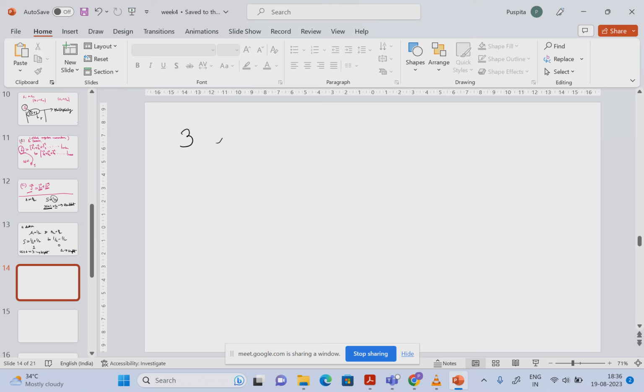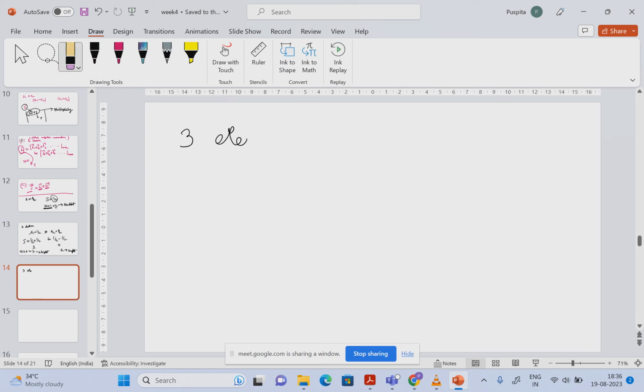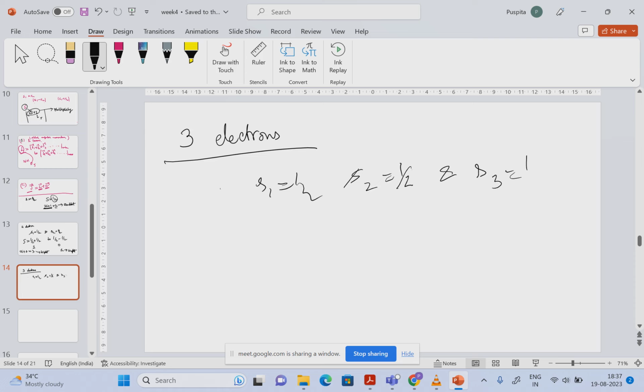Now 3 electrons. For more than 2 electrons, we need to do it in a batch. Like for 3 electrons, there is s1 half, s2 half, and s3 half.